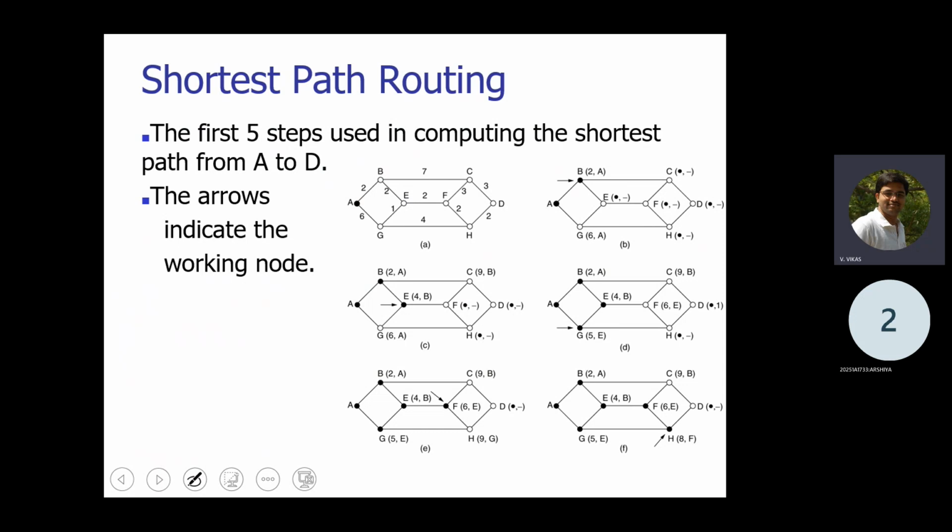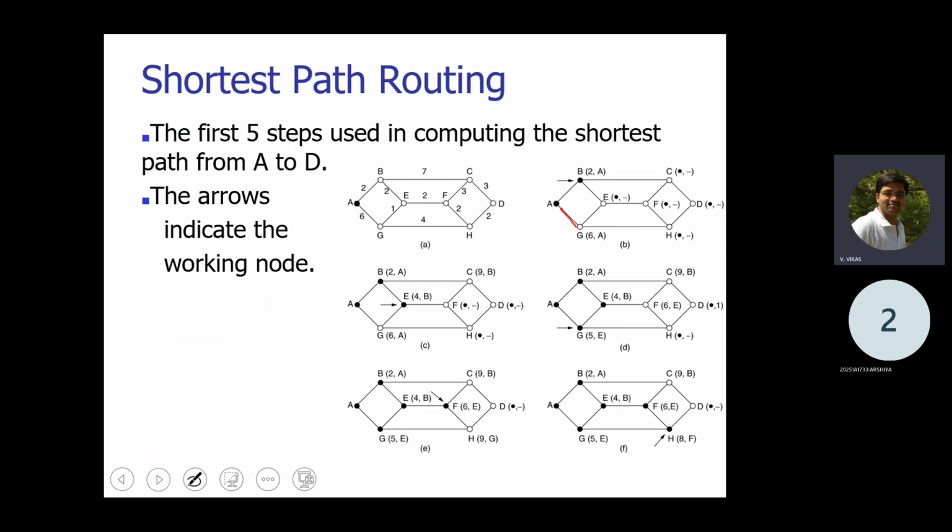We don't have. So we are done with B, that is the reason we have bubbled it. G we have not completed. Once we complete G, if this is the shortest path, then we will also bubble this path, darken that particular line, and bubble this particular circle. But so far we have not done that.